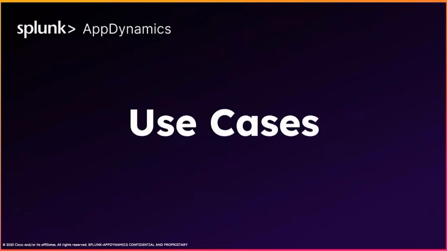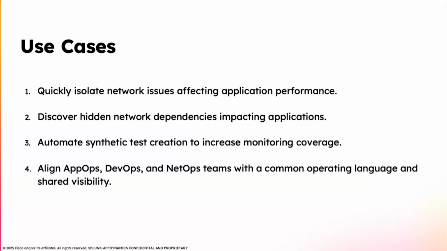Now let's look at some of the use cases of how you can use this integration. So the first is, as I discussed before, to quickly isolate network issues affecting application performance. So as you saw in the previous dashboard, you can observe both ThousandEyes metrics, which are loss, latency, and jitter, in the context of AppDynamics end user monitoring metrics like your end user response time.